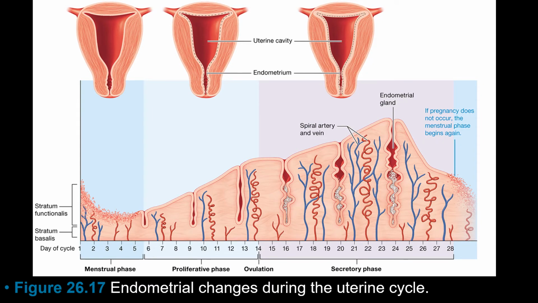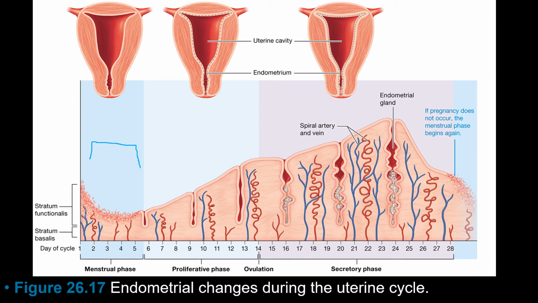This image really well illustrates the thickness changes of the stratum functionalis as the uterine cycle progresses. Days 1 through 5, you see, are the menstrual phase, and you see this breakdown that occurs in the stratum functionalis, and it is sloughed off as blood.